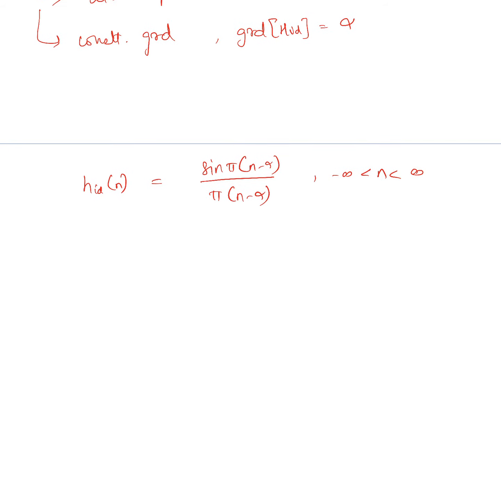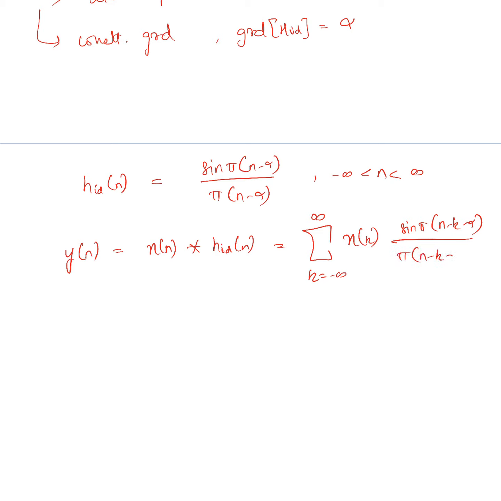Okay, and suppose some signal x[n] passes through this ideal delay system, then the response of the system with respect to this arbitrary sequence x[n] is given as y[n], the convolution of these two functions, which can be explicitly written as the summation from k equal minus infinity to infinity of x[k] sin π(n minus k minus α) divided by π(n minus k minus α).